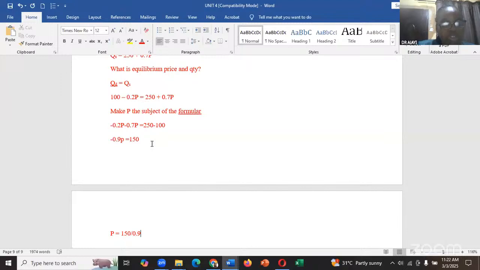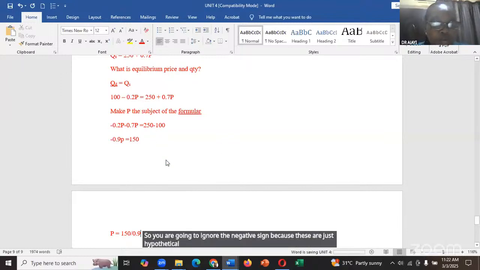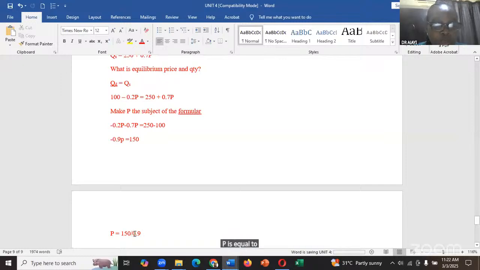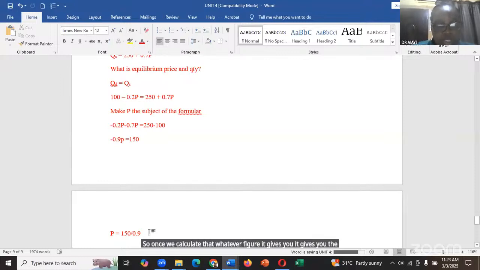You are going to ignore the negative sign because these are just hypothetical figures. Once we calculate that, whatever figure it gives you is the price.